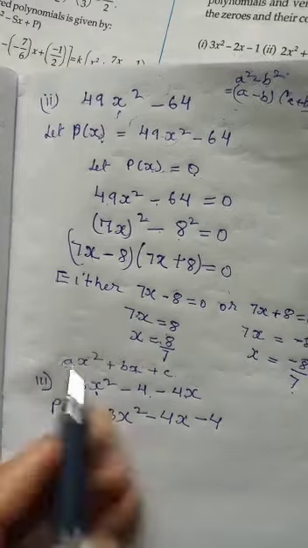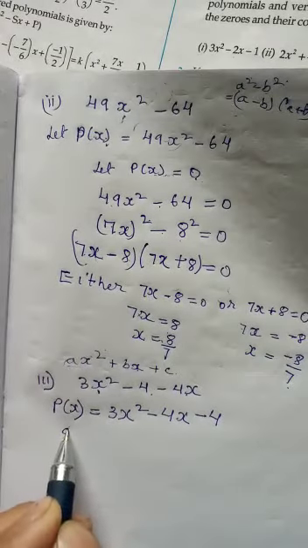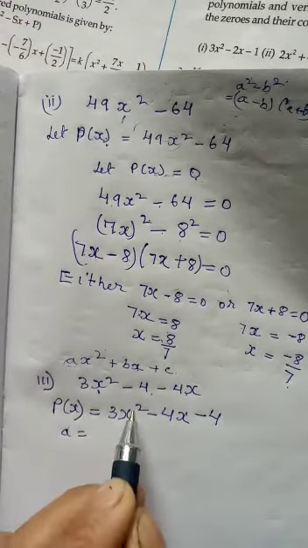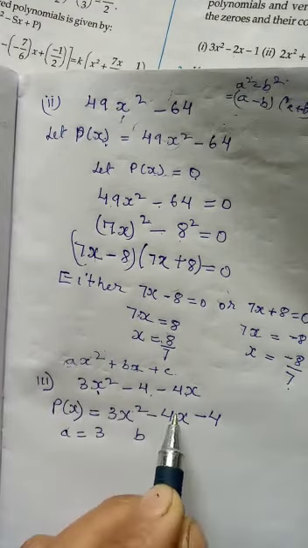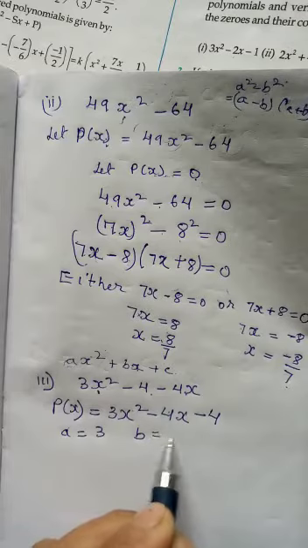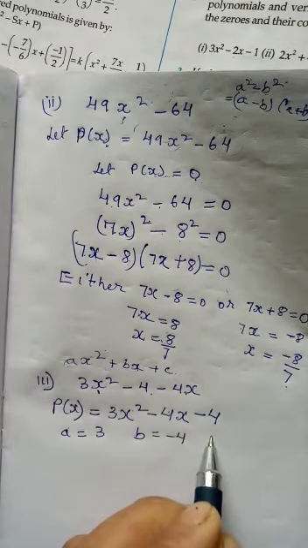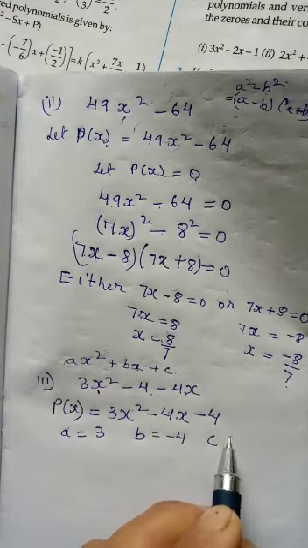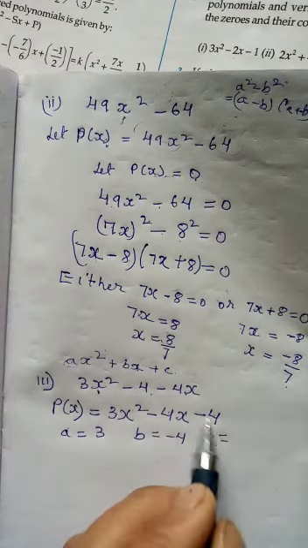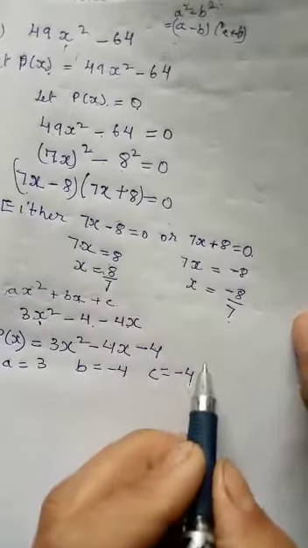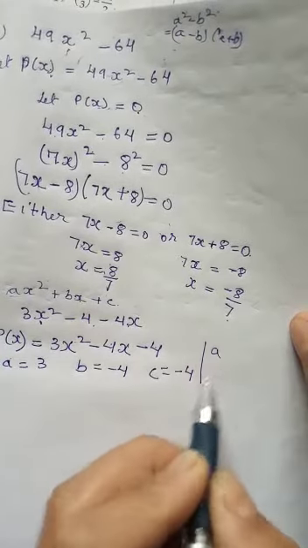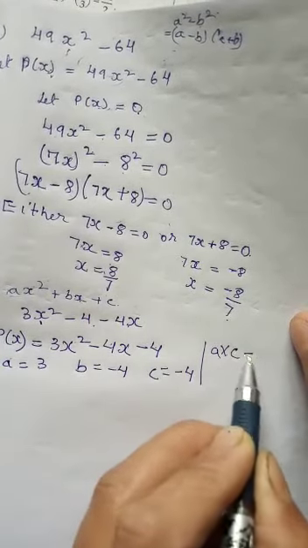So now here your a is the coefficient of x square, it is 3. Your b, the coefficient of x, is minus 4. Constant term is c, that is the number without x or y, we have minus 4. Remember what to do. First we have to multiply a and c to get the number.